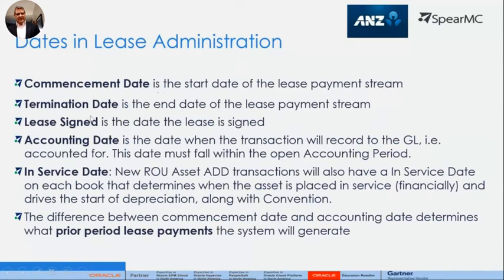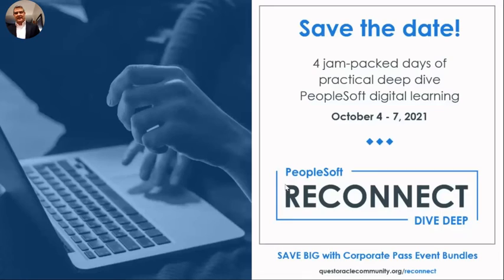Within the leases themselves, we've got your termination, your signature dates, your accounting dates, the dates a new right-of-use asset has been placed in service. Those are critical dates. Commencement date is possibly the most important. And believe it or not, I'm already at the end of my presentation.